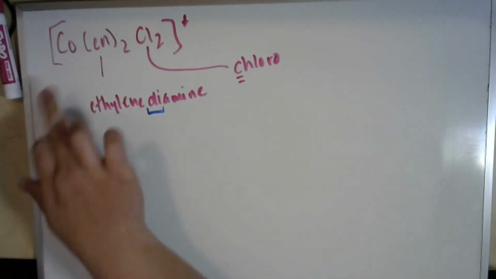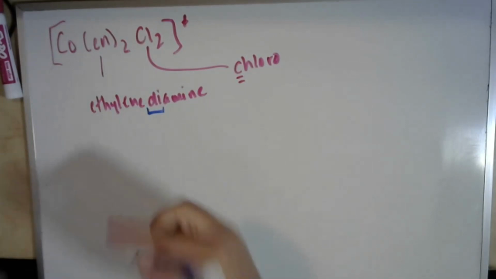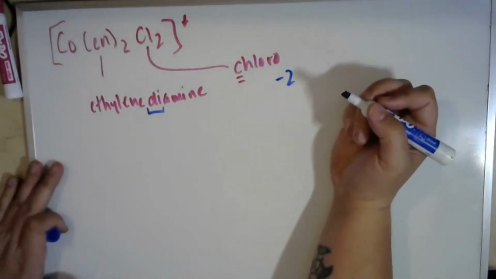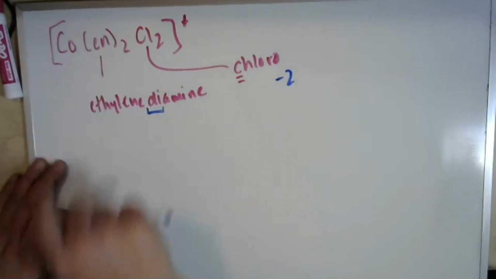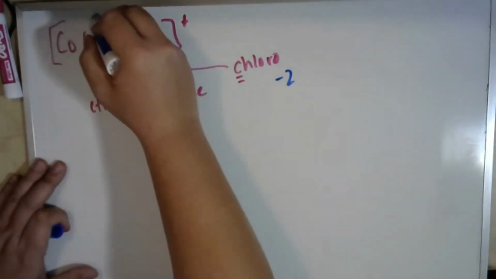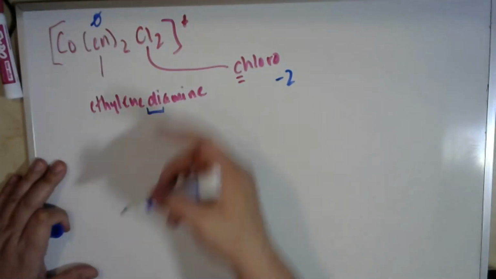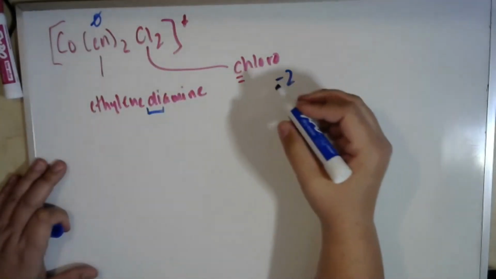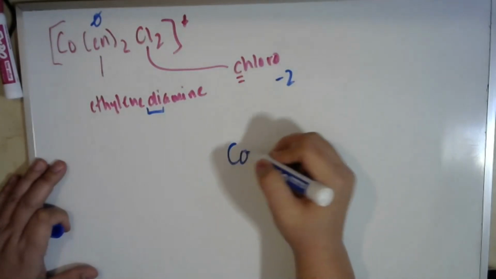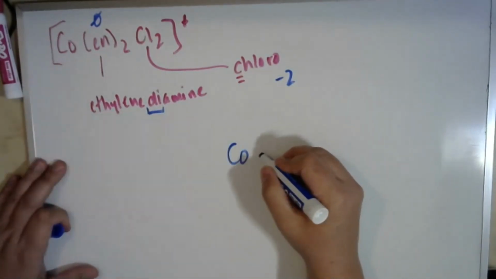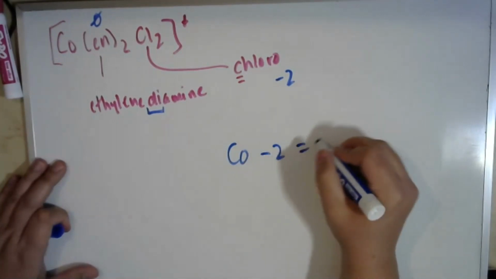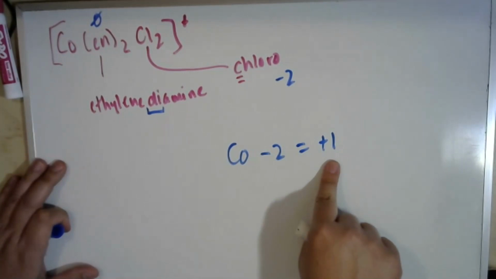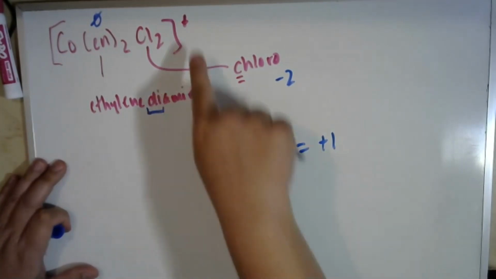So let's find the charge on the cobalt here. We know that there's 2 chlorines, so that's a -2 charge. The ethylene diamine is neutral, so that'll have a 0 charge. And we have to end up with a +1 charge. So basically, cobalt plus -2 has to equal +1, because that's the contribution from the chlorine, and that's the overall charge on the ion.